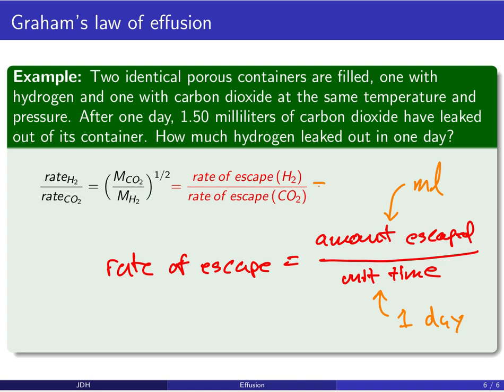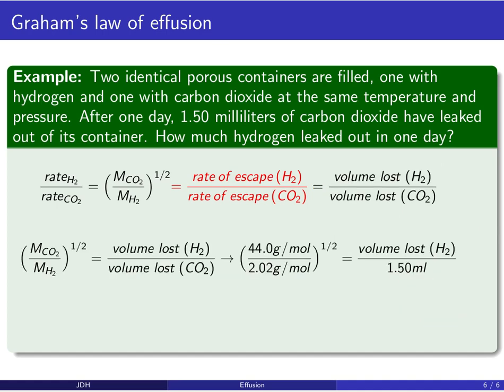So if we set up a ratio here, the unit of time will cancel out, and we will just be left with volume, the amount lost. So the rate of escape is directly proportional to how much loss we have. What volume of H2 molecules left? Rate of escape of CO2, what volume of those CO2 molecules escaped the container?